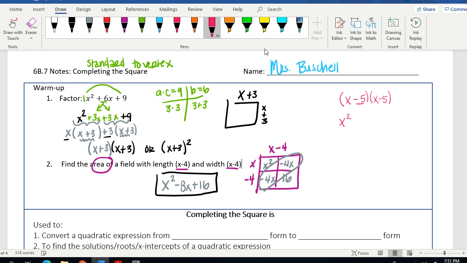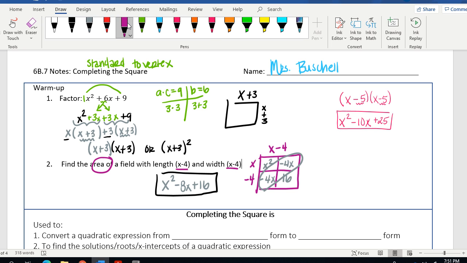I'm going to add the numbers: negative 5 plus negative 5 gives me negative 10, and that becomes my middle term, the one with the x. I'm going to take these same two numbers and multiply them: negative 5 times negative 5 becomes a positive 25. This is a perfect square trinomial.